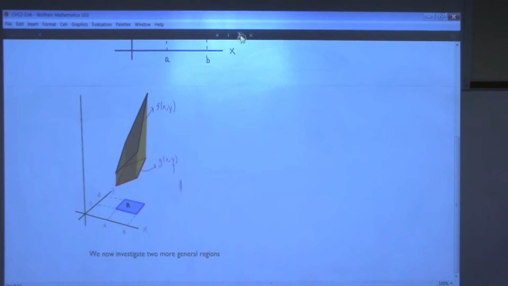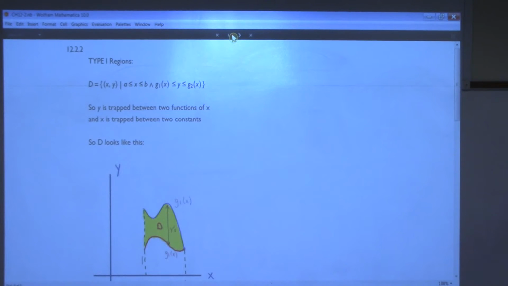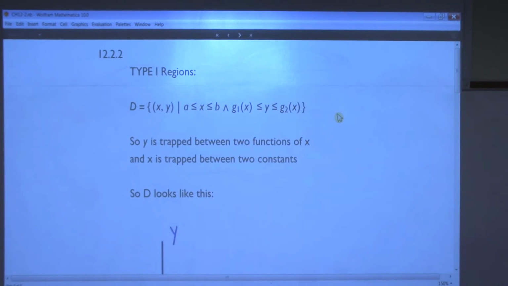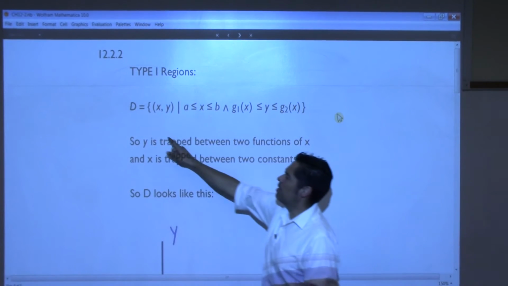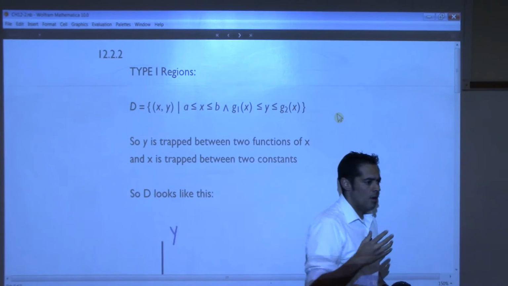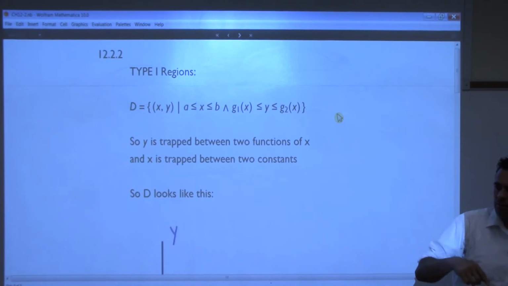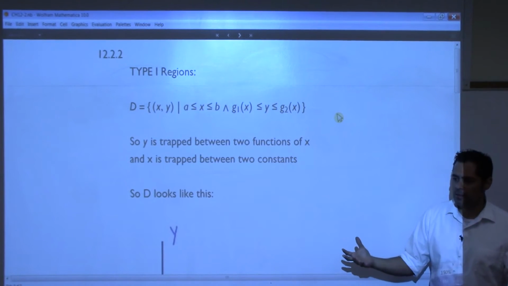I told you there were going to be 2 types of regions we were going to look at today, type 1 and type 2. A type 1 region is any region D, we're going to use D instead of R. R is like rectangle. D is just going to be like domain, I guess.